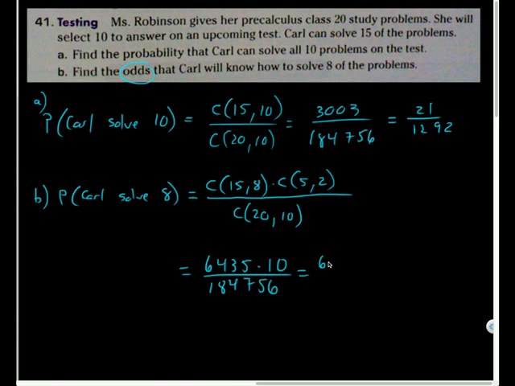So it looks like this would be 64350, just tacking on the 0 at the end, over 184756. And let's see what this reduces to. Because both of those numbers are even, I know for certain they can reduce. As a decimal, I'm getting 34.8% chance that he will get exactly 8 of them right. And then when I reduce this, it's a 225 out of 646 chance of that occurring.